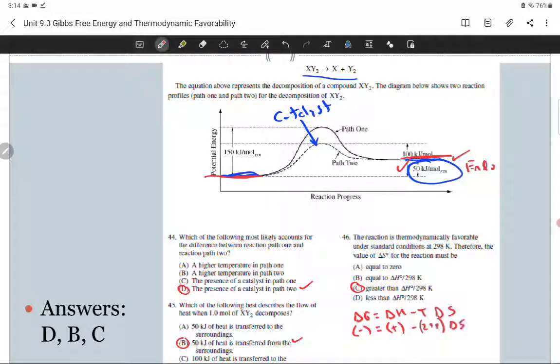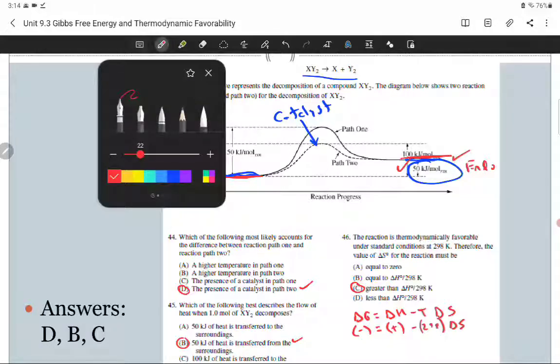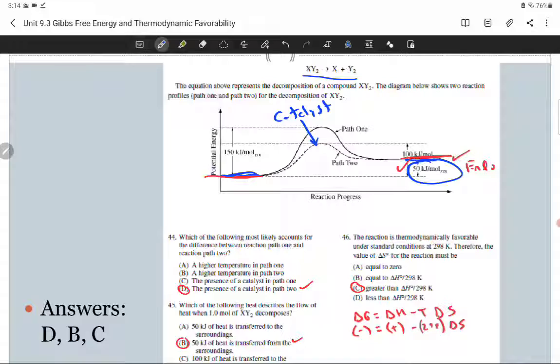And we're going to try to figure out what delta S would have to be. So what we really need to know is kind of who wins. Does the delta H make the delta G negative, or is it the rest of this that makes it that way? And I think it would have to be this. So this has to be greater than that. And that's how they got that answer of C.